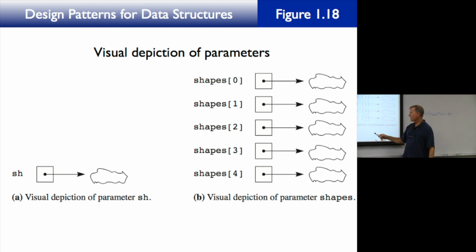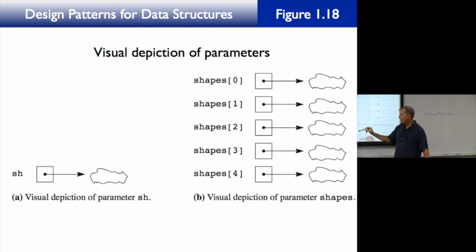So let's take a look at part A of the figure. If the parameter is a single shape, SH, SH is a pointer to an abstract shape. So that cloud represents an abstract shape. Are you with me? Is everybody? Like we saw in the UML diagram, the concrete shapes inherited from the abstract shape.